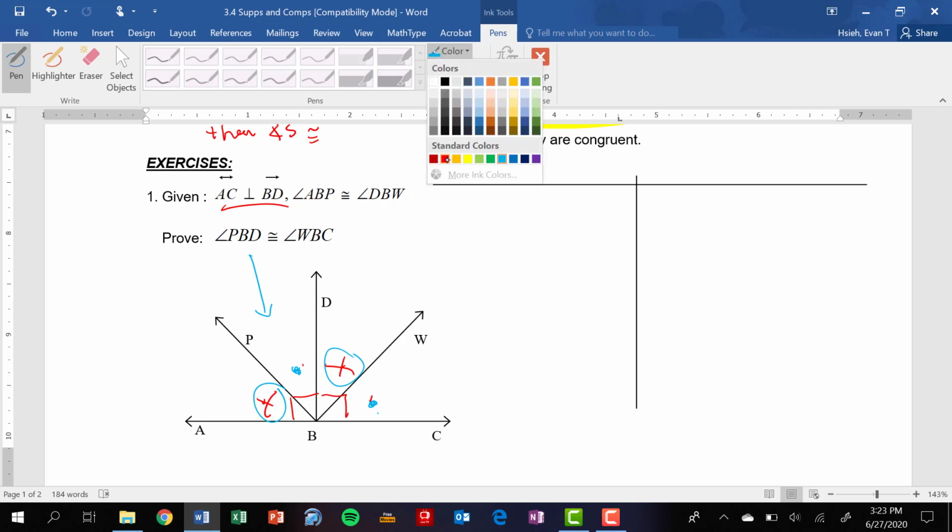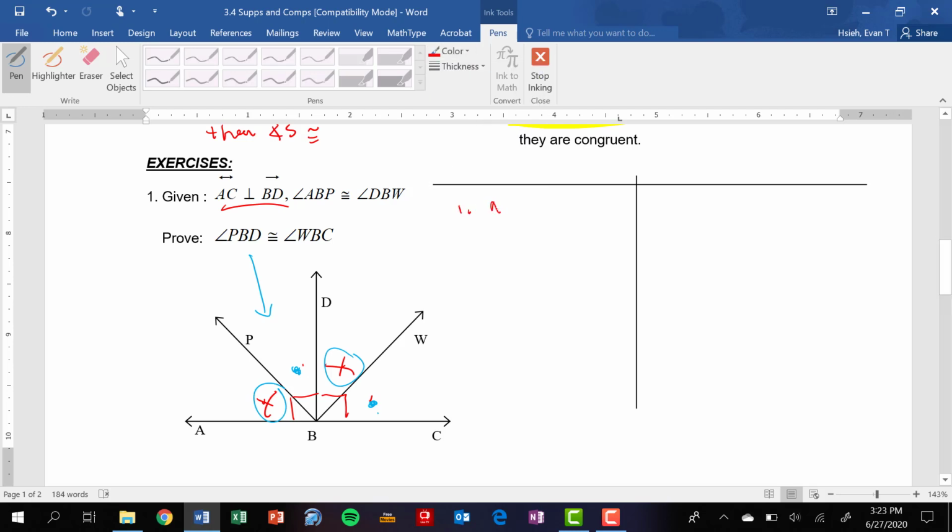So step 1. AC is perpendicular to BD. It's given. Step 2, if perpendicular, then right angles, so angle ABD and angle DBC are right angles. That's going to be a very popular reason, by the way. I know that because of that, I could say they're congruent to each other, but that's not really what I need here.